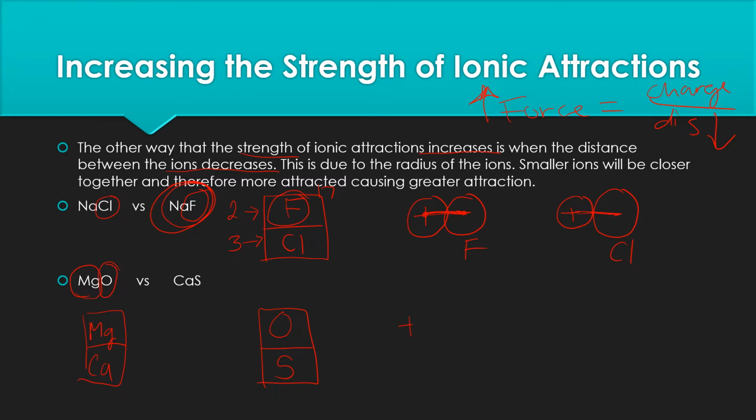So this would be MgO and CaS. Because these are smaller, they would have a greater attraction between those ions because we reduce that radius between the nuclei. Right? So smaller distance between our atoms, larger attraction.